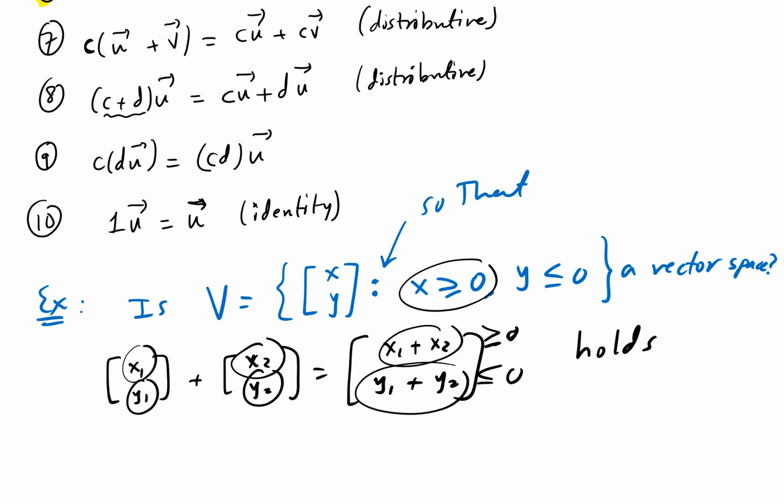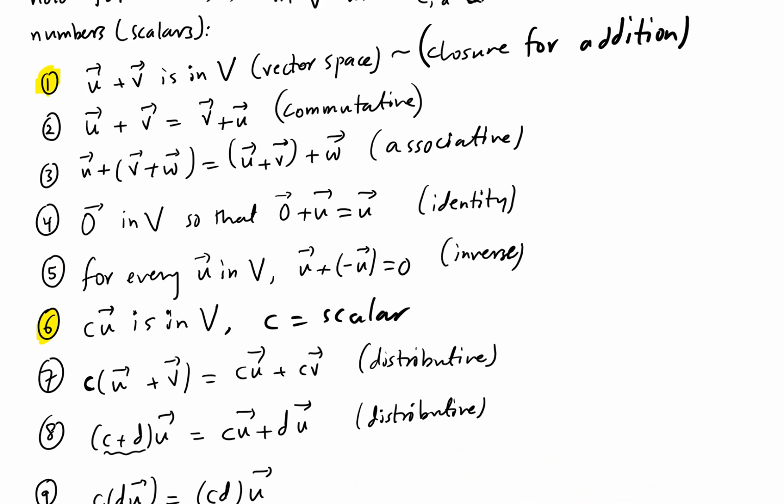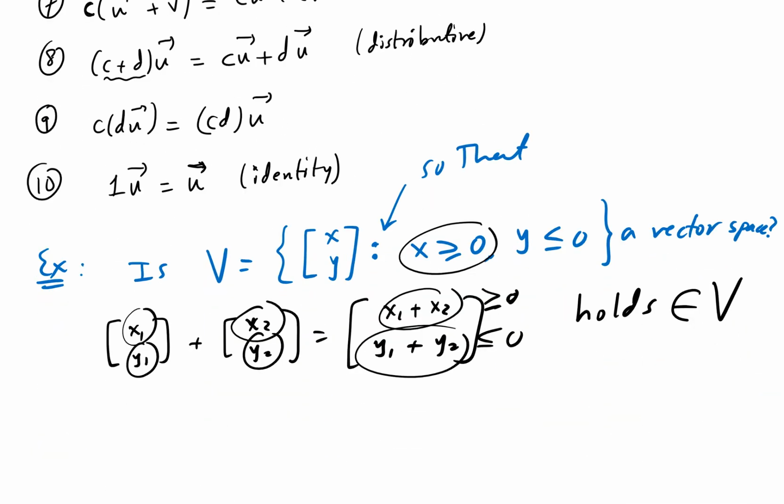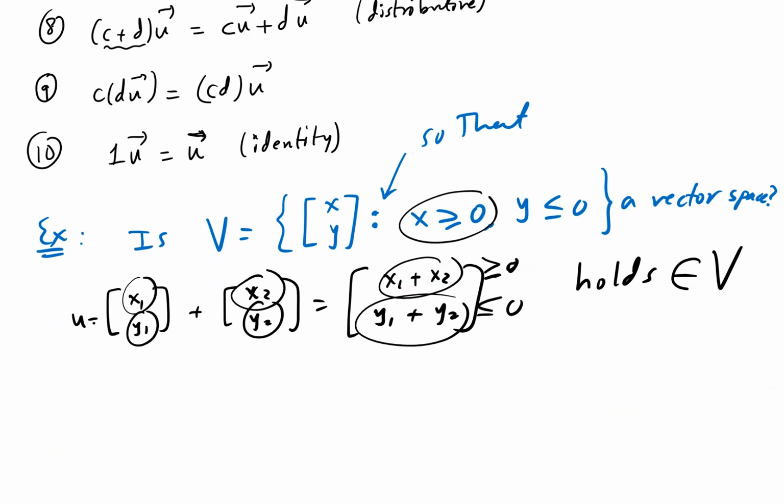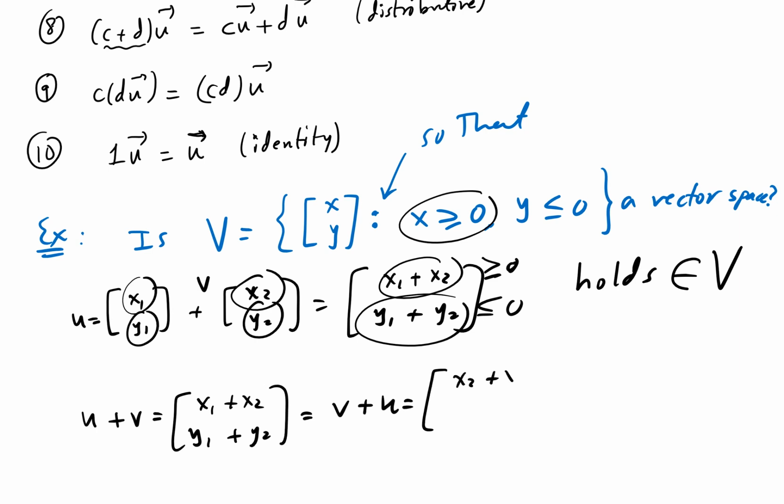So the closure is fine. The sum is still in V. I tested the first axiom. What do you think, does u plus v equal v plus u? Call these small u and small v. If you do u plus v, that's x1 plus x2, y1 plus y2, which is the same as v plus u, x2 plus x1, y2 plus y1.